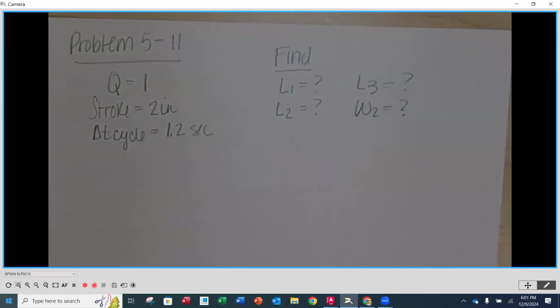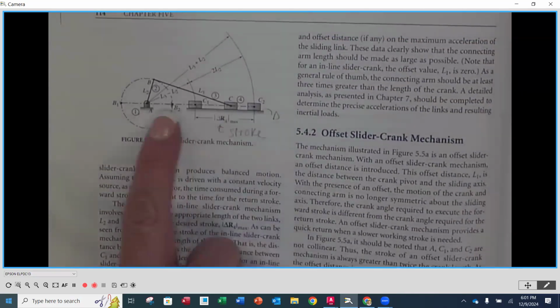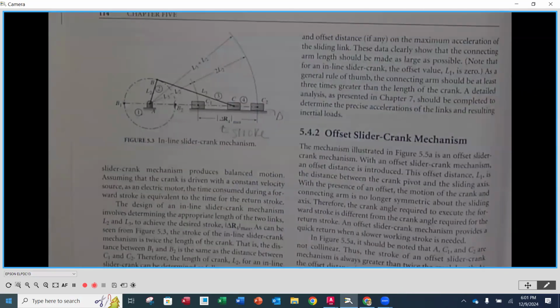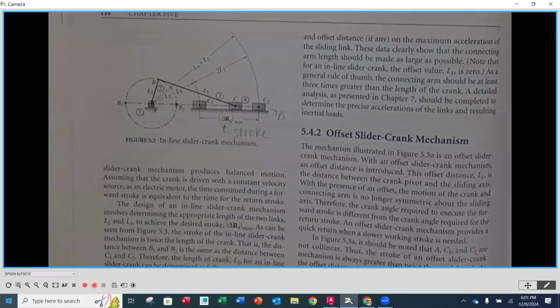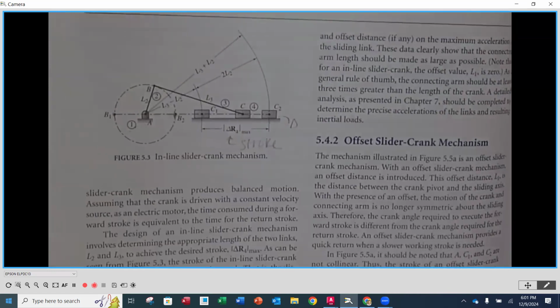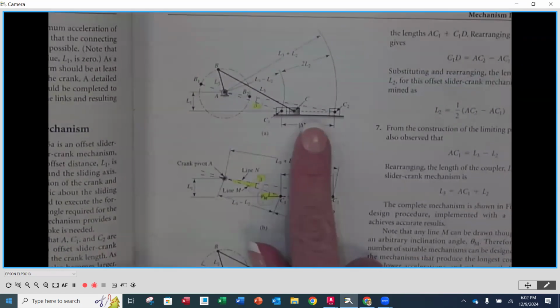Now let's talk about L1. If we look up in our figure 5.3, which is an inline crank, you're going to notice there is no L1, because on an inline, there isn't. The L1 is going to come into play when we have an offset slider crank.